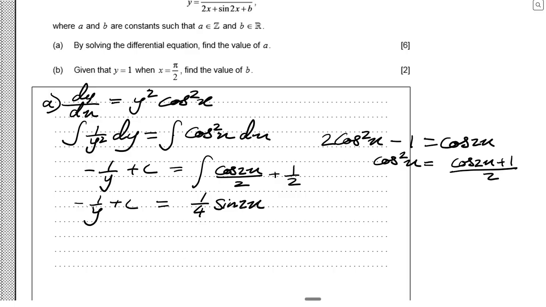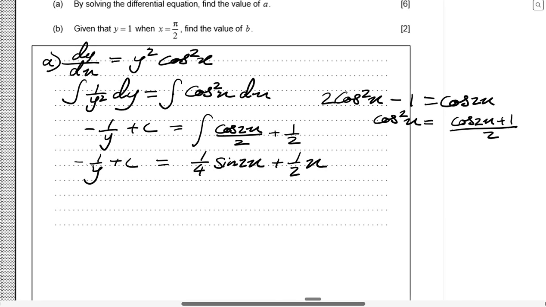And work that out. 2 comes out, half, and it becomes cos 2x, yep. And half x. So that's what we have. And we get the plus c, but we already have that on this side. So let's say this is a small plus c1, c.